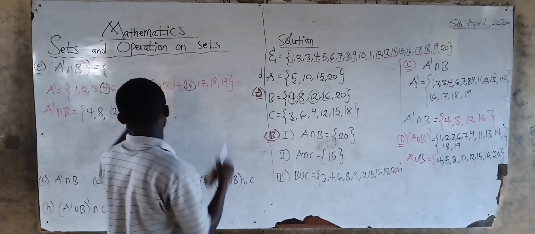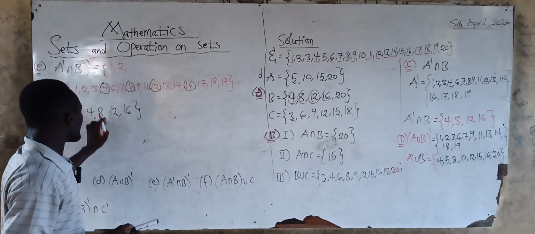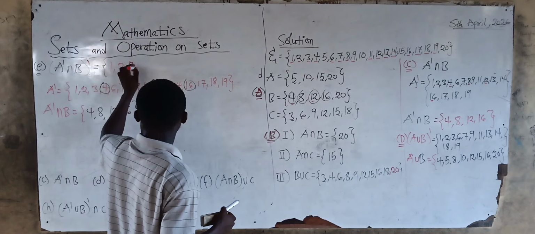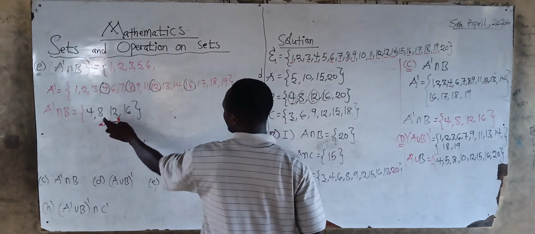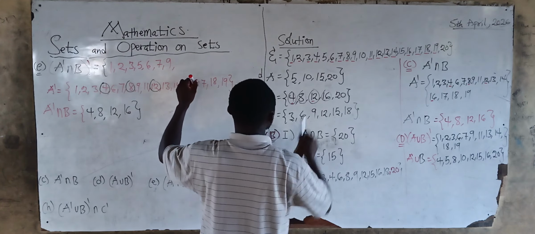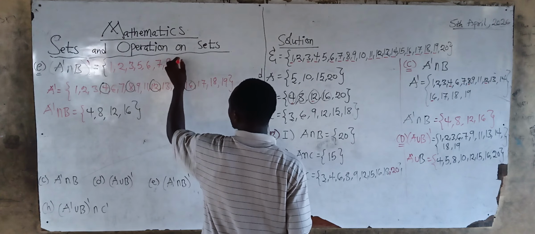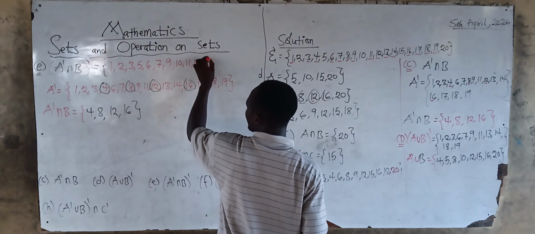We can have 1, we can have 2. Remember, 1 is not here, 2 is not here. I have 3. We can have 5. We can have 6. Okay, 6 is not here. We can have 7. We can have 9. We can have 10. We can have 11. We can have 13. We can have 14.